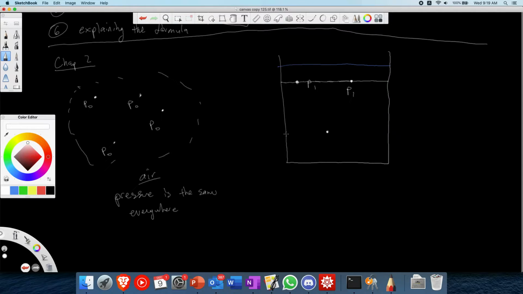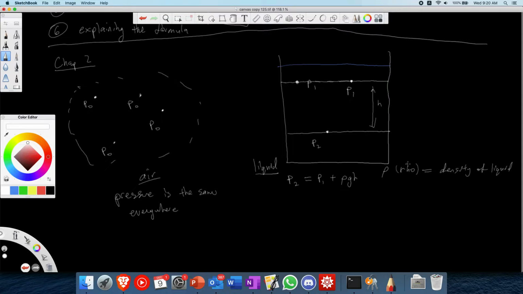Whereas at a different level, separated by a height h, the pressure P2 equals P1 plus rho g h. This is for liquid. Rho is the symbol that looks like a P, and it represents the density of the liquid.